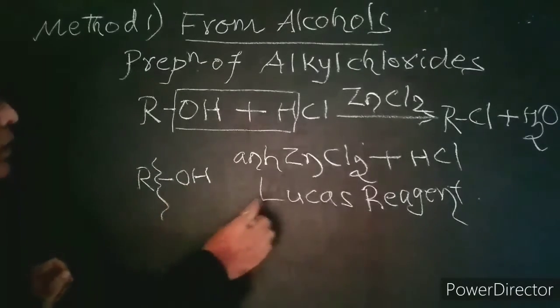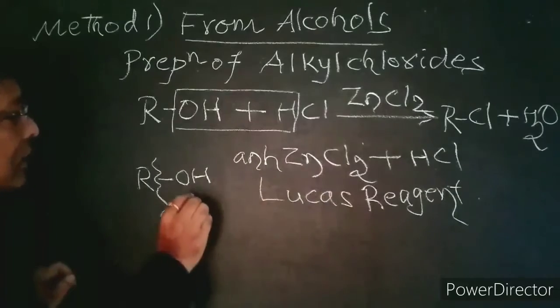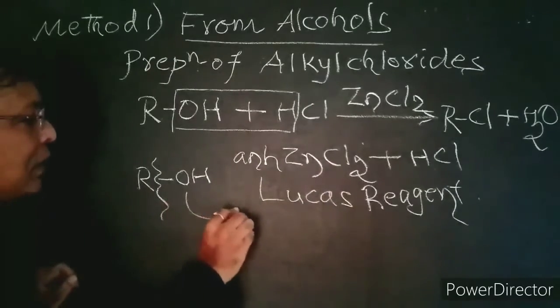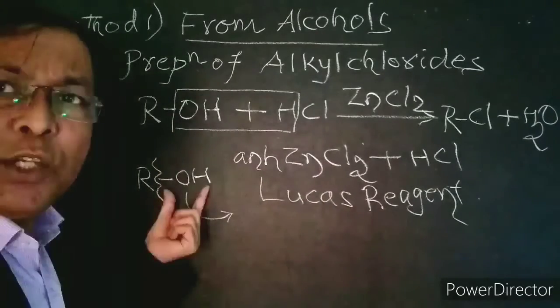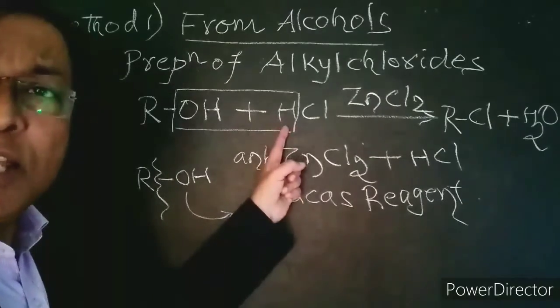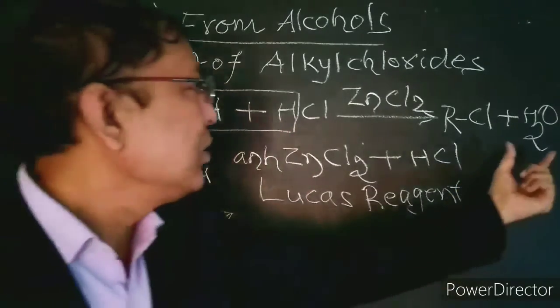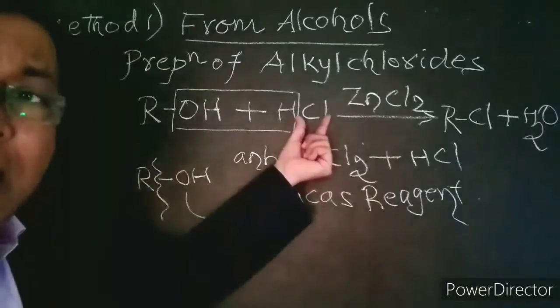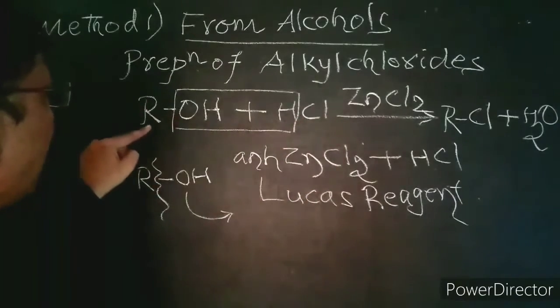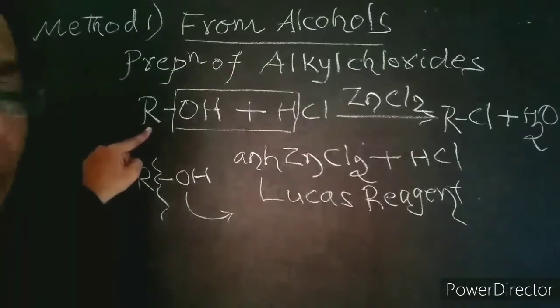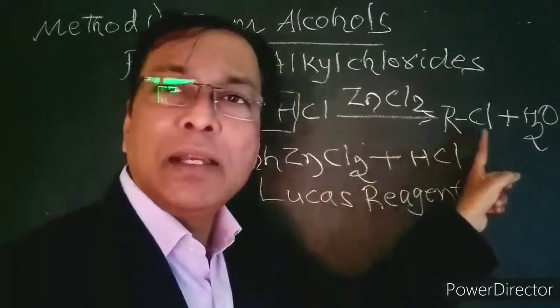It makes the OH group a better leaving group. OH combines with H+ of HCl and forms water, and Cl- will form the bond with the alkyl group and we get alkyl chloride.